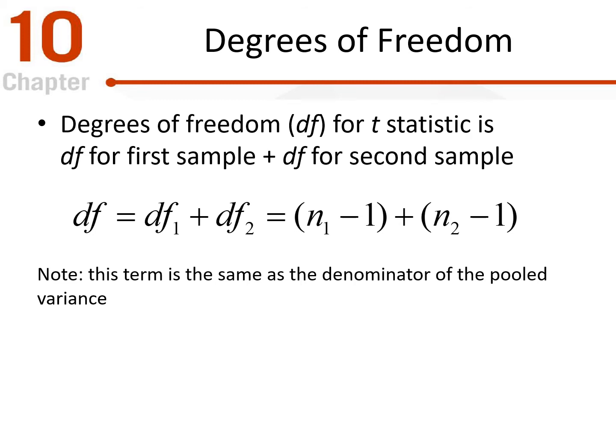So if you take the 1 degree of freedom out from the first sample and you take the 1 degree of freedom out from the second sample, you'll end up with n1 plus n2 minus 2 as your total degrees of freedom. But you'll need that for the pooled variance estimate. And you also need the total degrees of freedom when you find the critical values of t in the table. You'll need the total degrees of freedom.